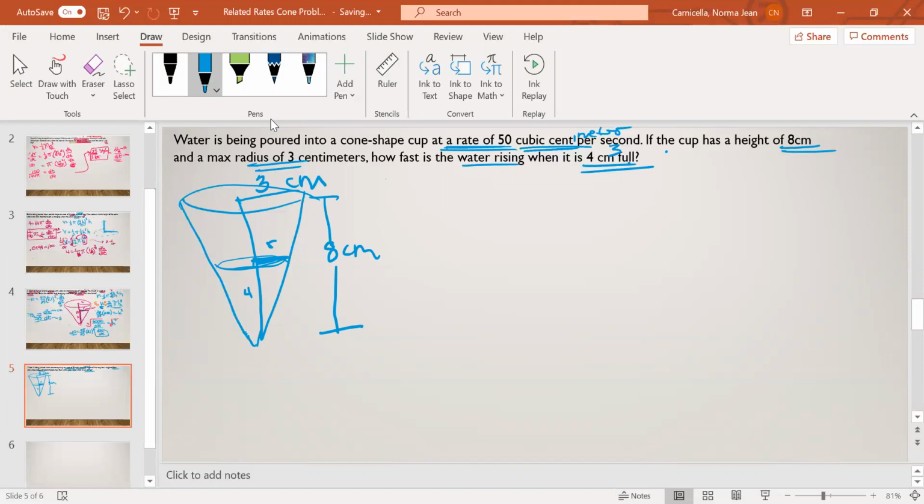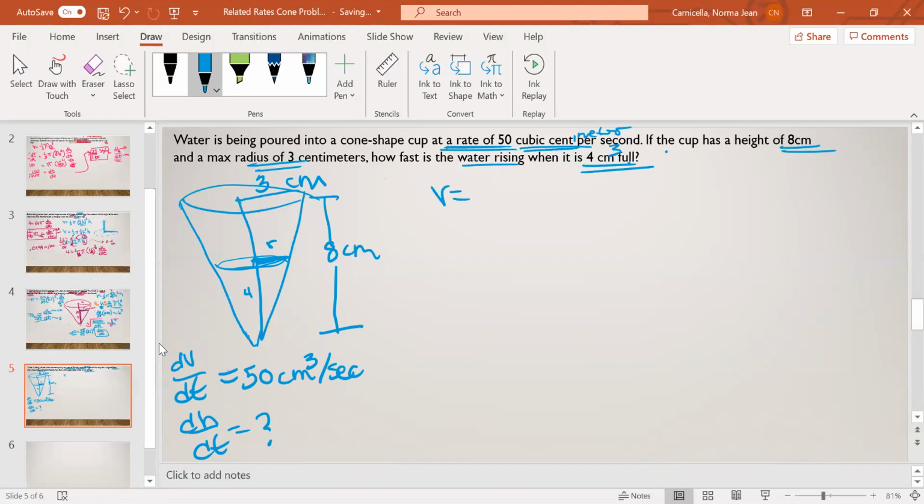What are some other things I want to write down? dV/dt is 50 centimeters cubed per second. How fast is it rising? That means it's dH/dt that we're looking for. What formula?